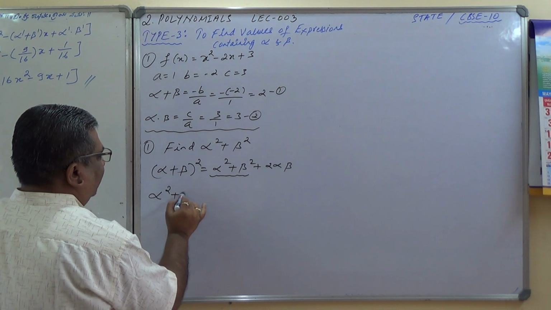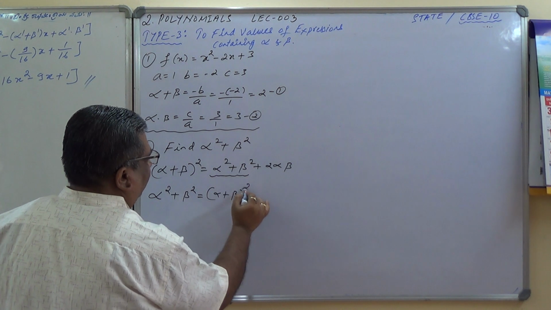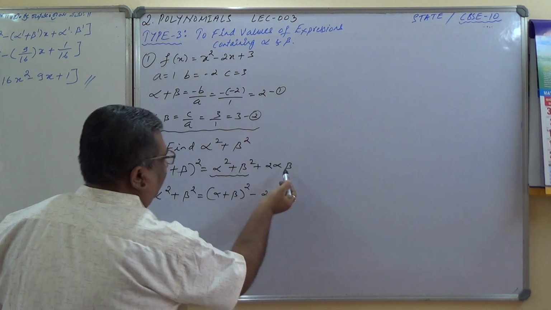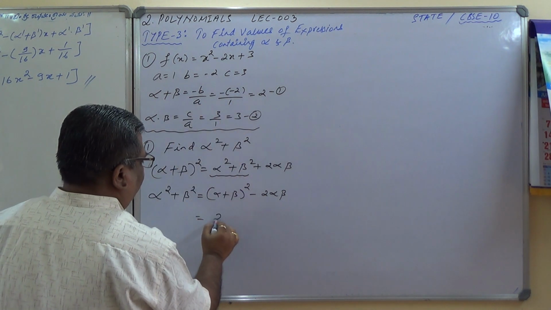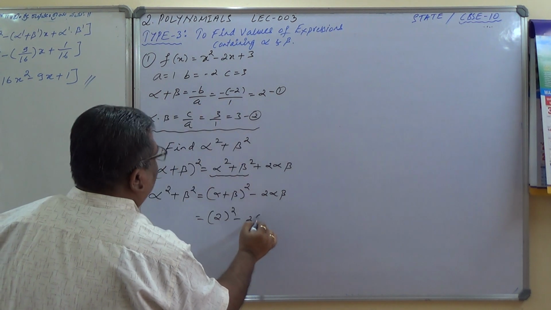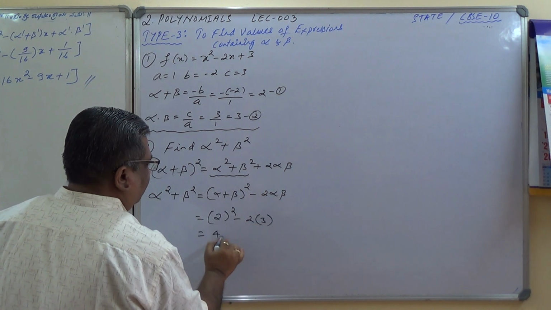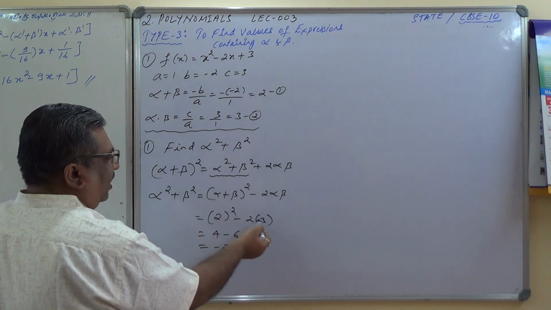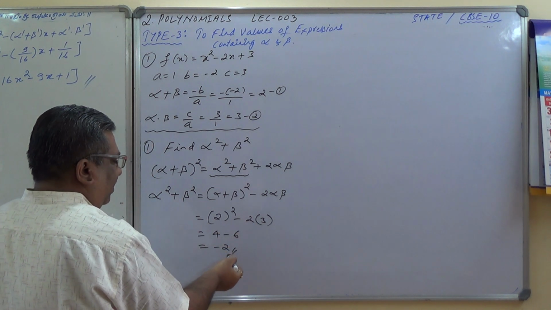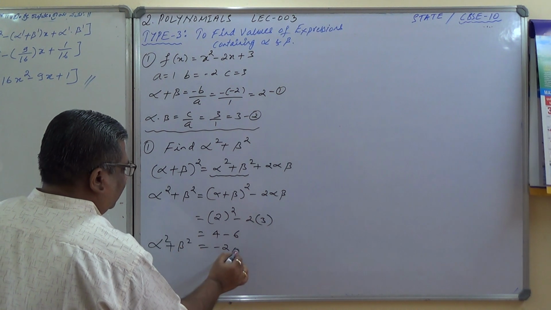And therefore alpha square plus beta square equals alpha plus beta the whole square minus 2 times alpha beta. Transpose it, which equals, what is the sum of zeros? 2, the whole bracket square, minus 2 times alpha into beta, 3 here. So this is 4 minus 6, which is minus 2. 2 2s are 4 and 2 3s are 6, 4 minus 6 is minus 2. Therefore alpha square plus beta square equals minus 2.